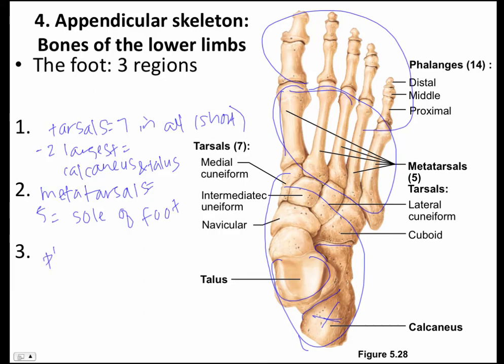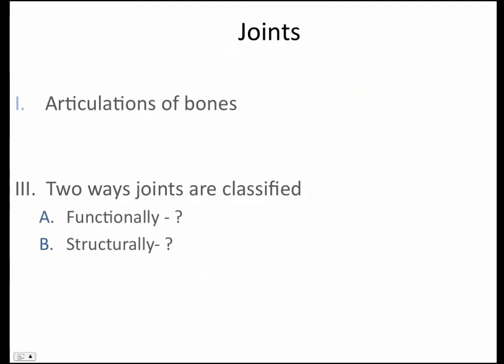And then finally phalanges, 14 all in all, and these give rise to our toes. Once again, you don't need to know distal, proximal, or middle phalanges, or these other bones down here.